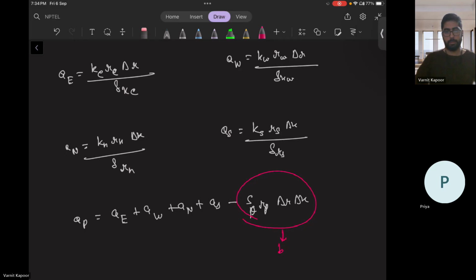Unsteady conduction equations. All right.